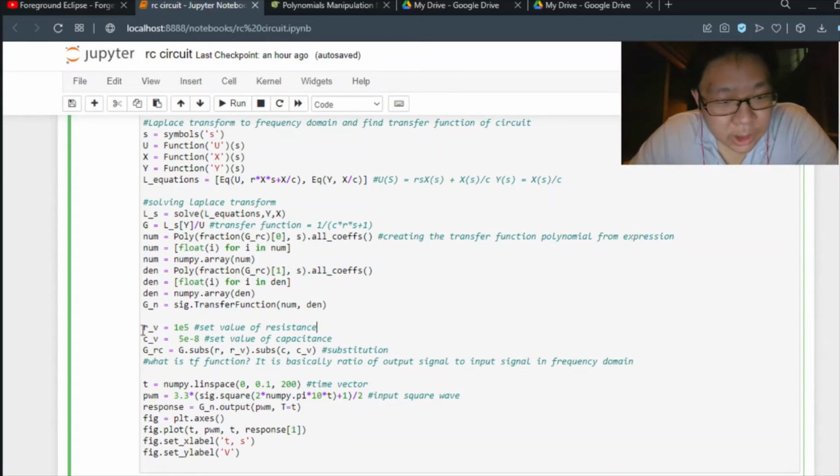Okay, and then we can set the value of R and C, which here I set as 100k ohms and 0.05 microfarad respectively.